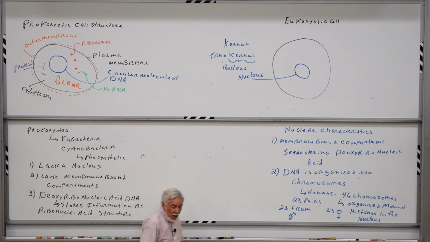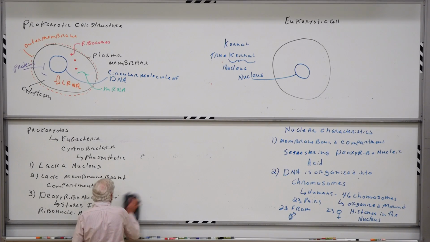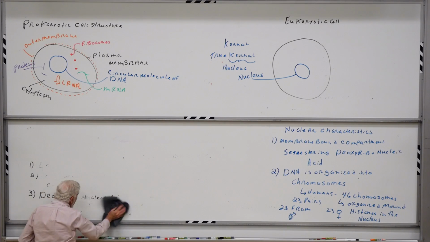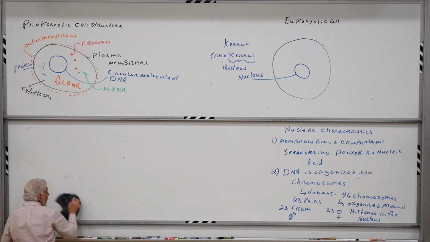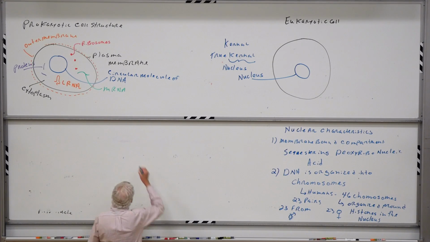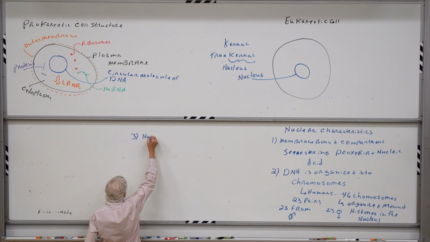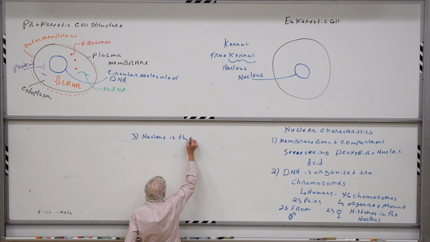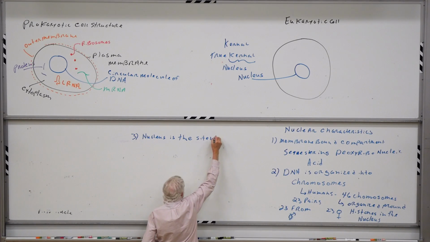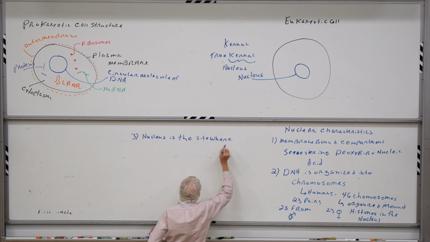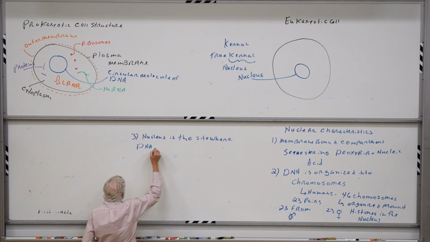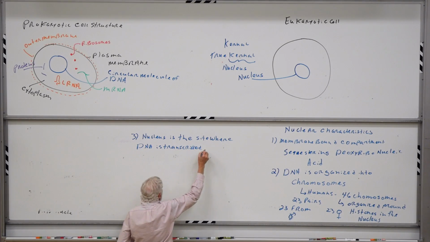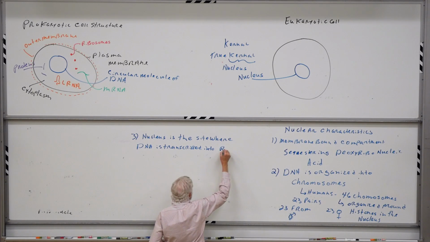But not only does the nucleus provide the site where the DNA is sequestered, the other point we need to bring up here is that the nucleus is the site where DNA is transcribed into RNA.